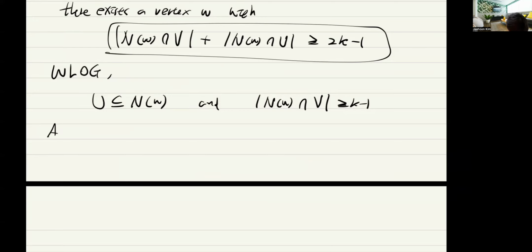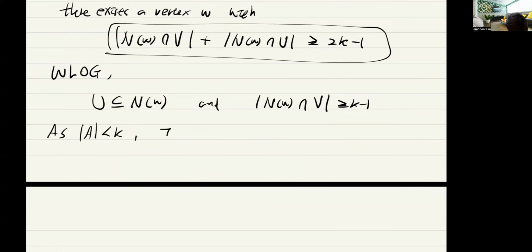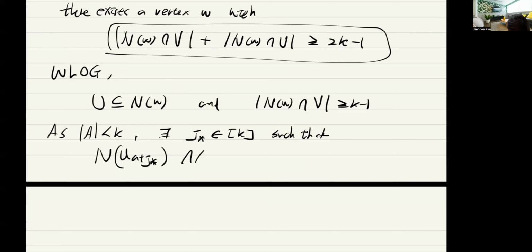So, as we assume that if A is smaller than K, there exists an index A plus J star such that this U A plus J star is not in A, meaning that its neighborhood in B, it doesn't send much.